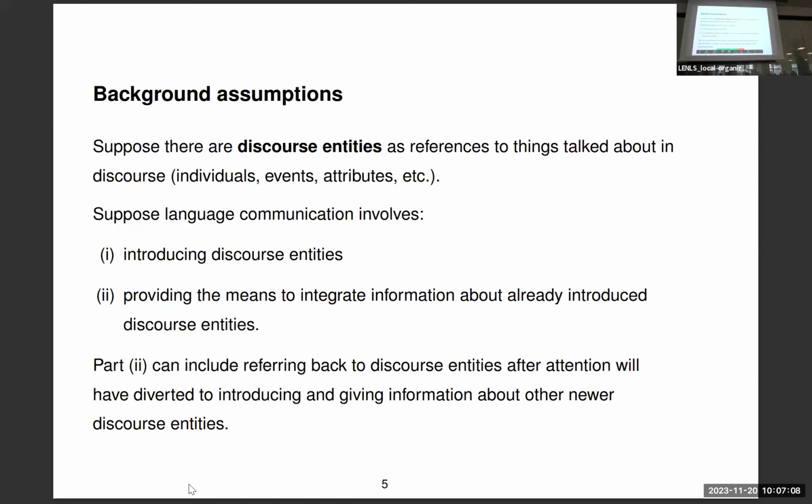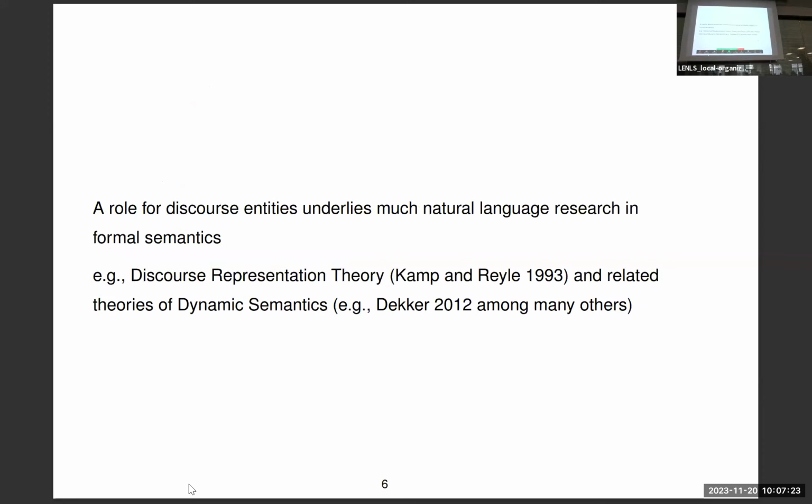Okay, so my background assumptions are basically semantics revolving around discourse entities. We've seen lots of talks already that are very supportive of this outlook, and DRT and dynamic semantics are two possible flavors of realizing that vision.